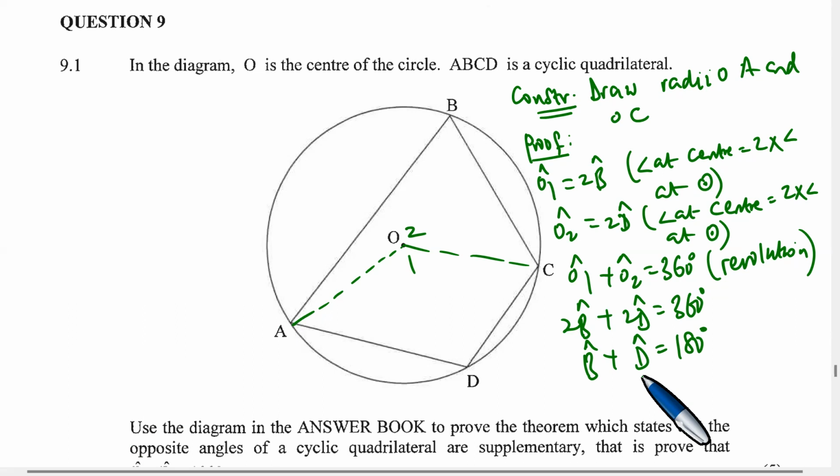If it's not that, they can say angle at center is twice angle at circumference. So pinpoint those 3 proofs and make sure you know them very well. If you can prove those 3, then I'm sure you would be very safe.